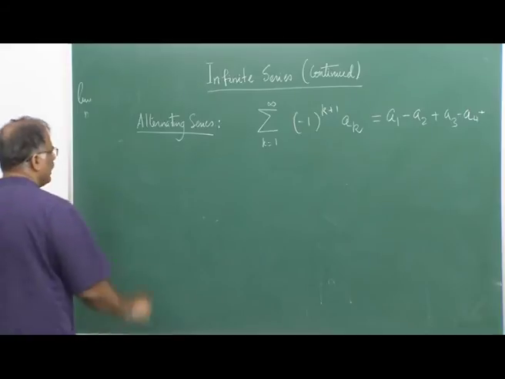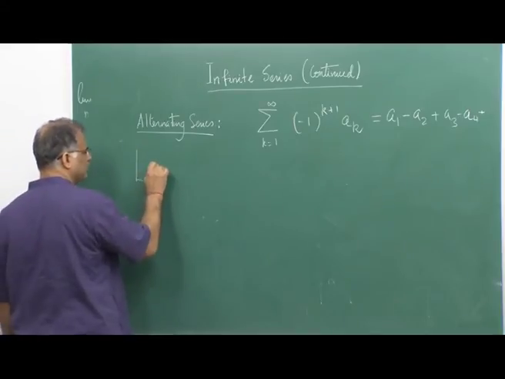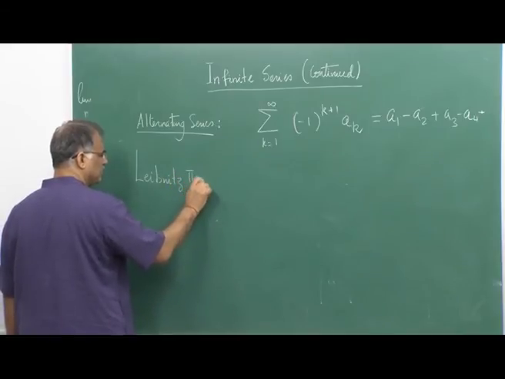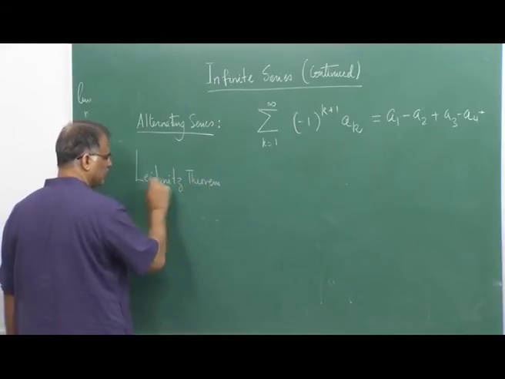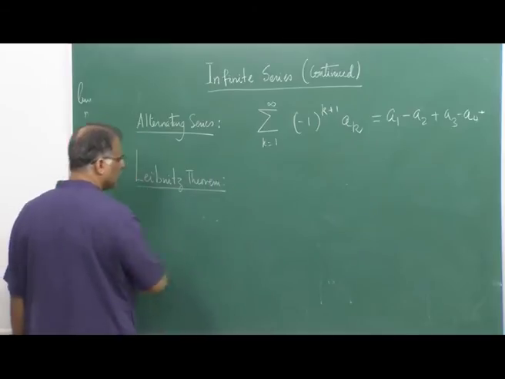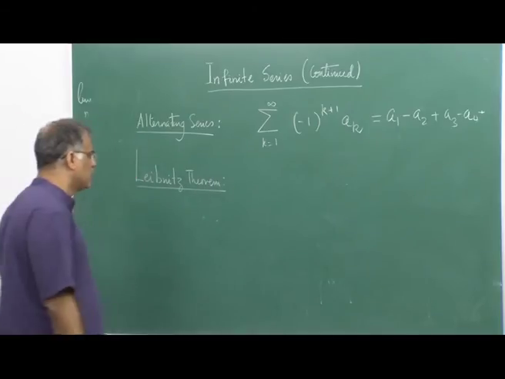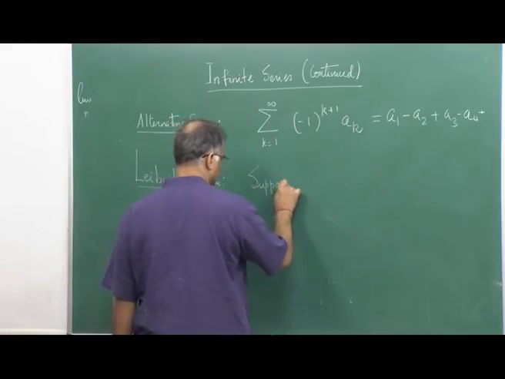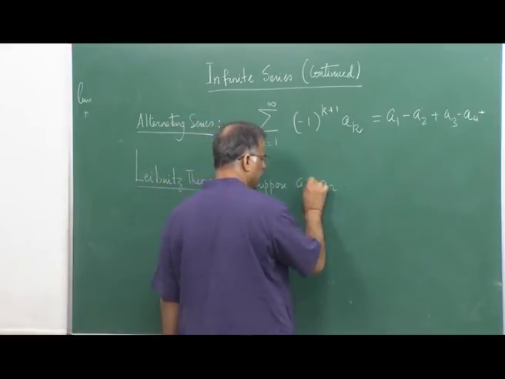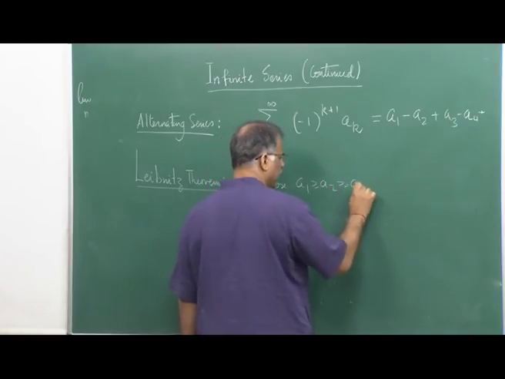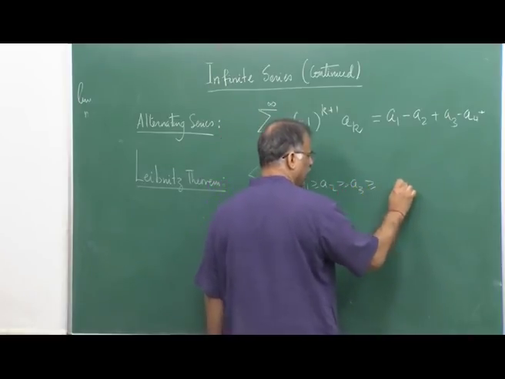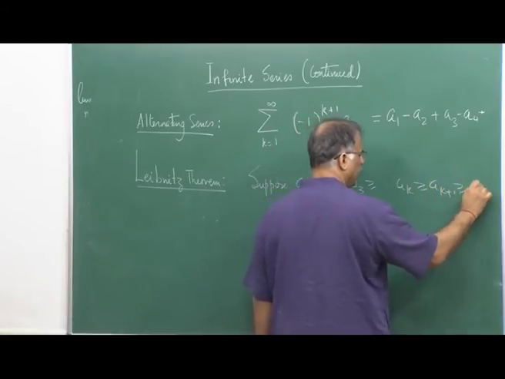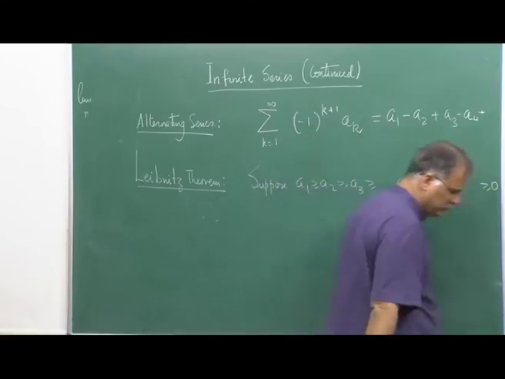Now, what does the Leibniz theorem say? Leibniz theorem says that suppose a1 is greater than a2, a2 is greater than a3 and so on, a_k is greater than a_(k+1), and all the terms are greater than or equal to 0.